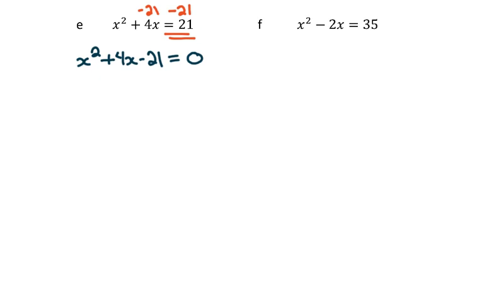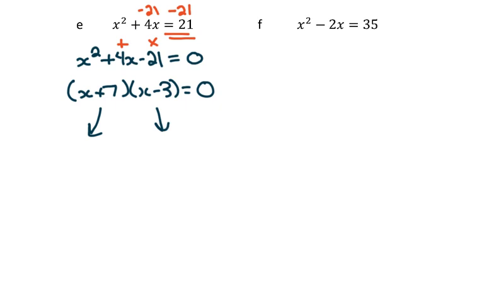Again, we're back to a trinomial, so we need two numbers that will multiply to negative 21 and add to 4. That would be 7 and negative 3. Splitting that off, x plus 7 equals 0, x minus 3 equals 0. On the left, x equals negative 7. On the right, x equals 3.